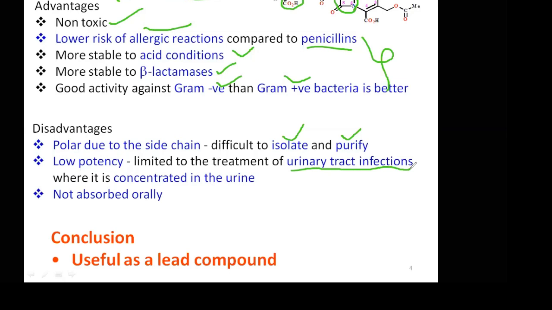Like quinolones, these also showed more activity against urinary tract infections because they are concentrated in the urine. They are water soluble, and urine composition is 90% water. So what was the problem? Not absorbed orally.